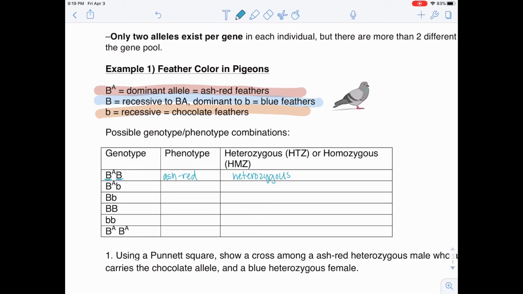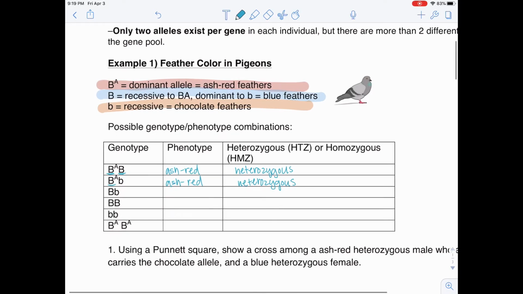And B^A and small b. This is also ash red feather because B^A is always the dominant allele. And this is also heterozygous. And the genotype big B and small b.